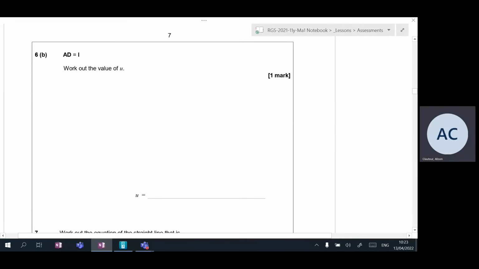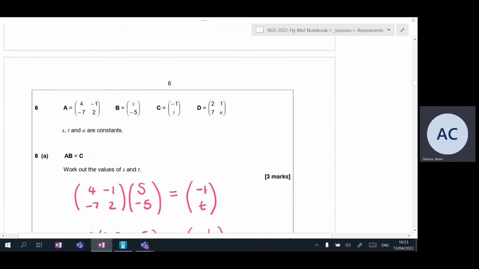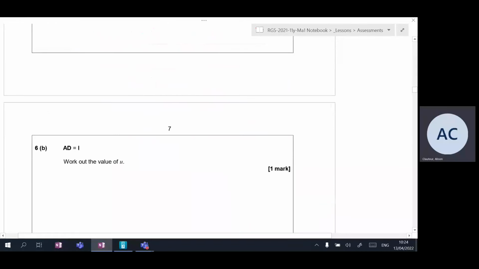If we look at part B, so A multiplied by D gives me the identity matrix. So 4, minus 1, minus 7, 2.